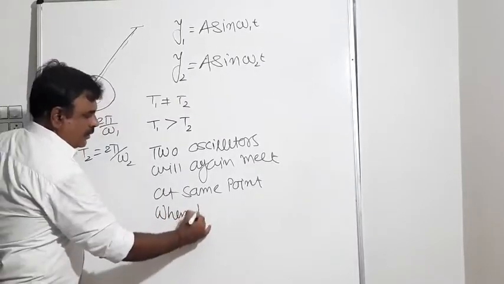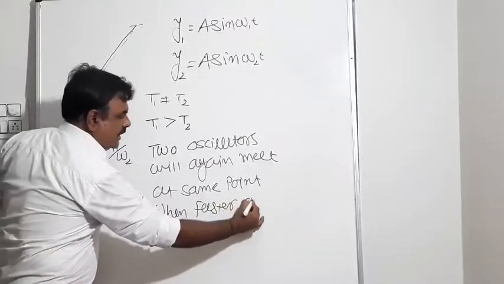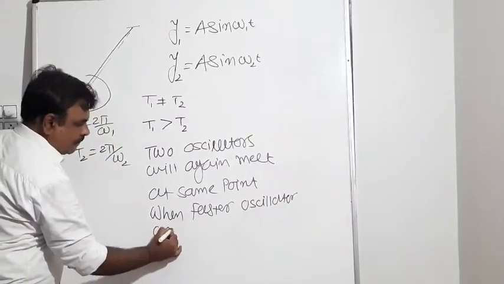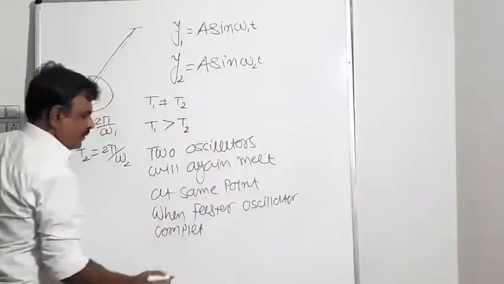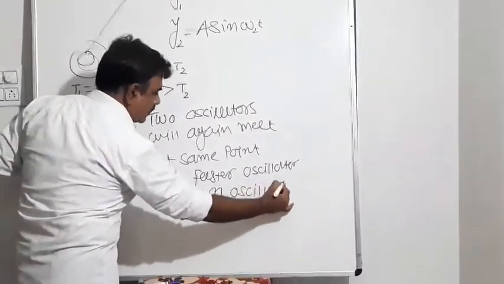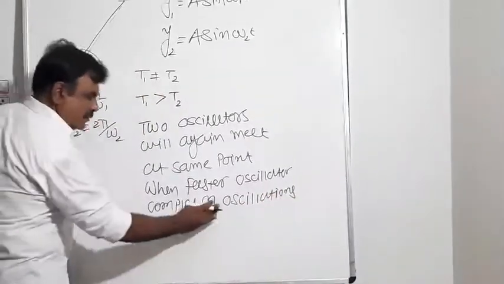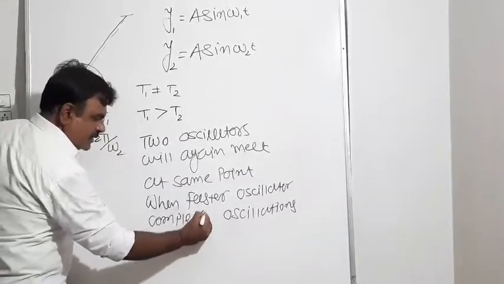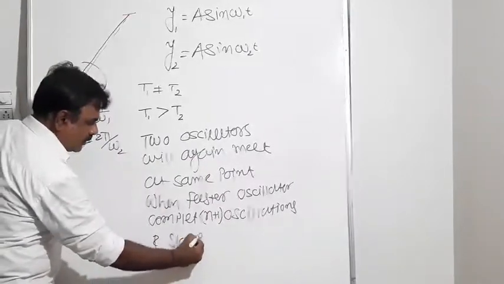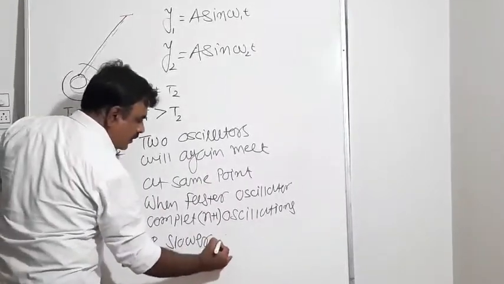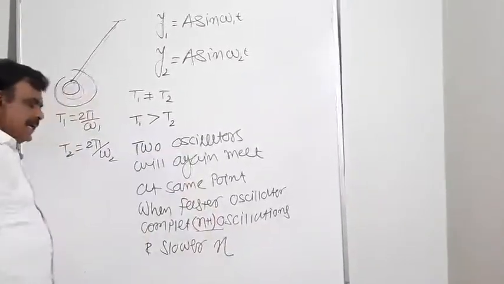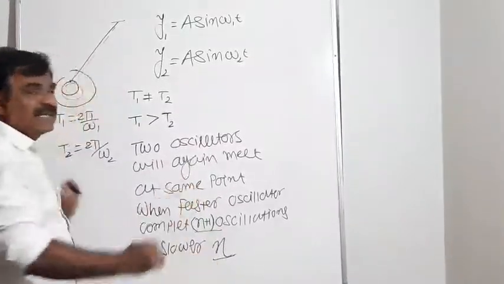When the faster oscillator completes n plus 1 oscillations and the slower completes n oscillations. The faster has completed n plus 1 oscillations and the slower completes n oscillations.